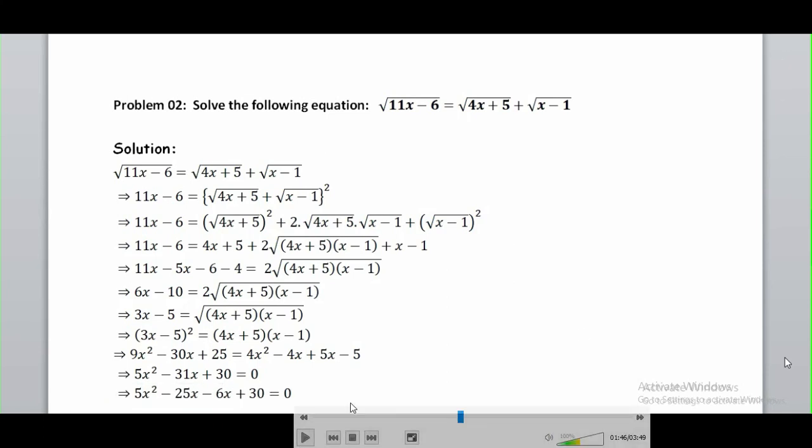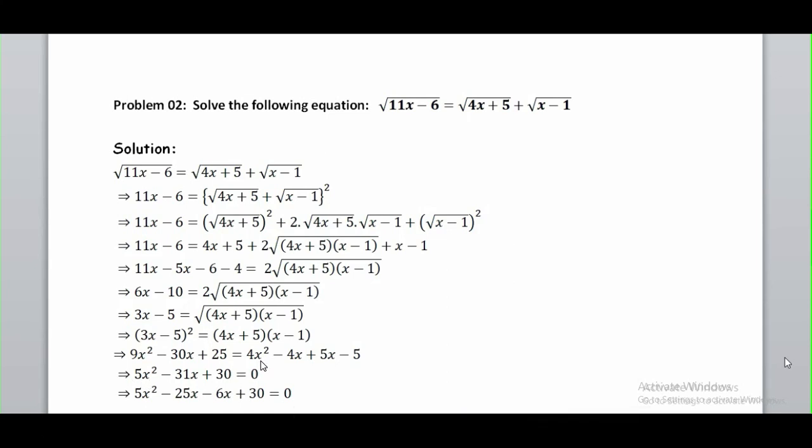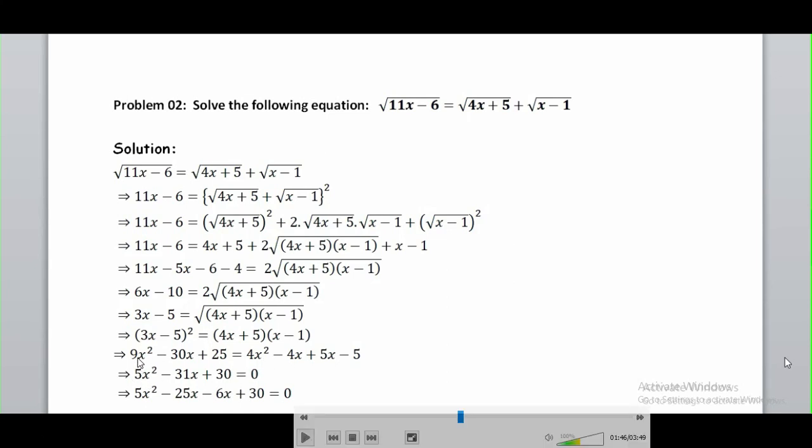Now in this line we have taken all the terms at the left side. We have 9x square at the left side and 4x square at the right side. Therefore, taking 4x square at the left side, we will subtract 4x square and it becomes 5x square.